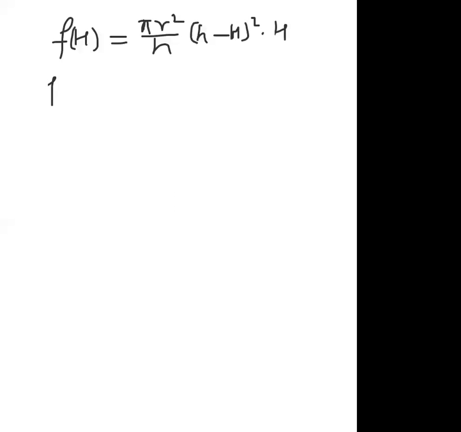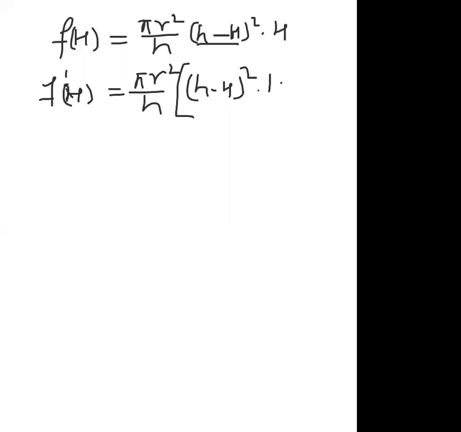V dash H will be pi r square upon h square. First function (h minus H) whole square into the differentiation of H, which is 1, plus H times the differentiation of the first function, which is 2(h minus H) into 0 minus 1.